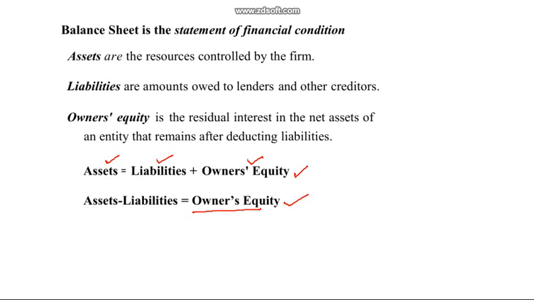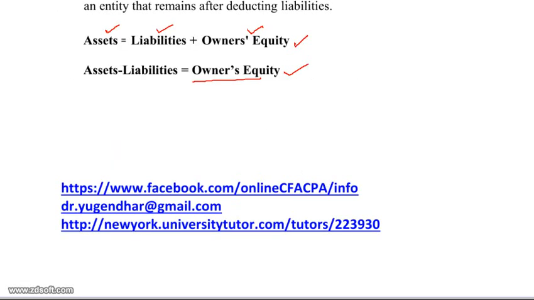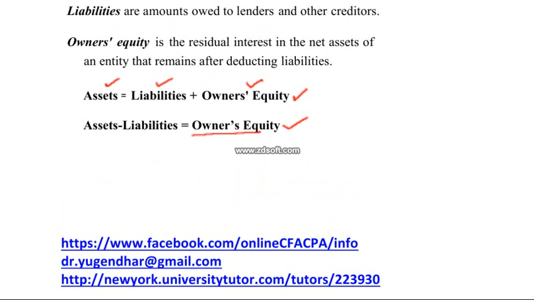In the definition, I already told you, the excess of assets over liabilities is nothing but the owner's interest, that is owner's equity, so equity shareholders generally. This equation is also called the balance sheet equation and the accounting equation.